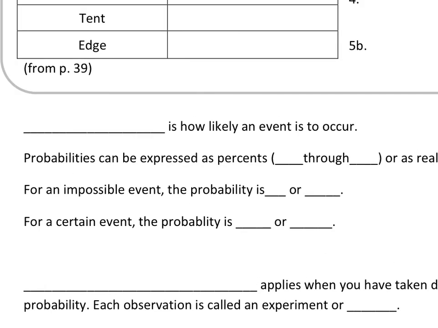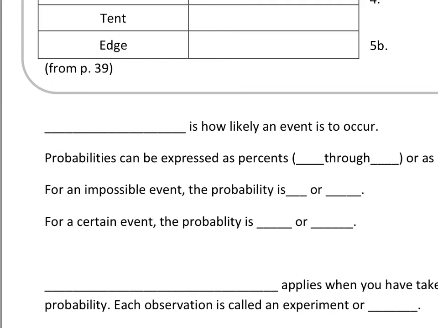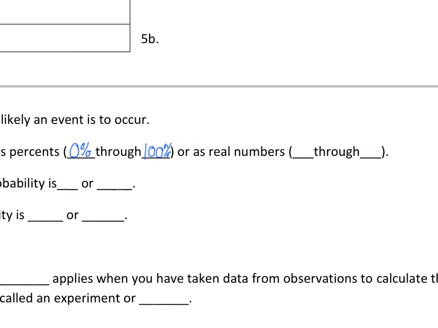So first of all, let's just define probability. Probability is how likely an event is to occur. Probabilities can be expressed as percents. So percents, they go from 0% through 100%. Or as real numbers. And in that range, we go from 0 to 1.